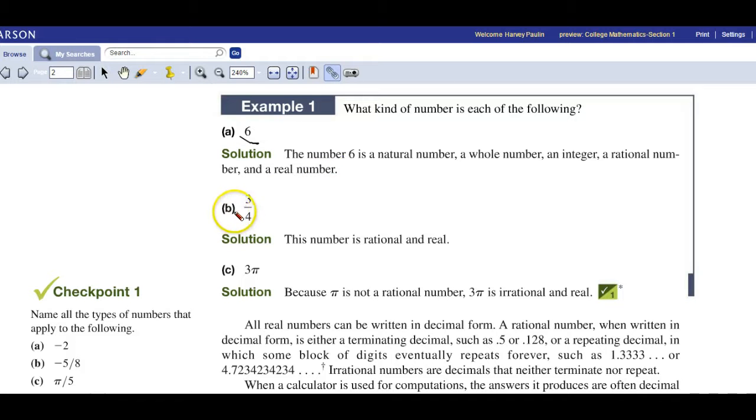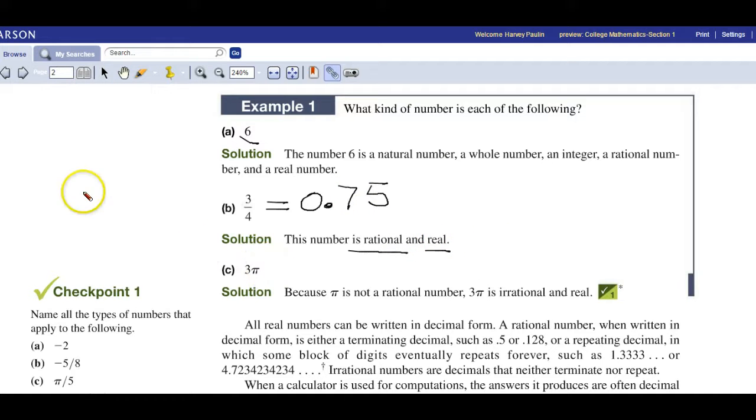Now for letter B, here we have a fraction whose equivalence, if you're familiar with that, is 0.75, and it terminates. So this is a rational number, and it's real. Remember, every number we're going to deal with is going to be a real number.